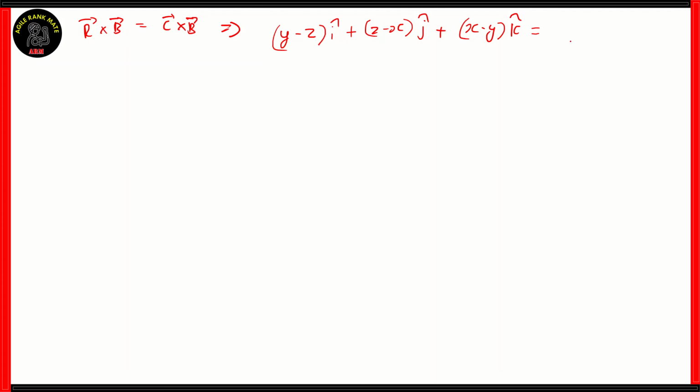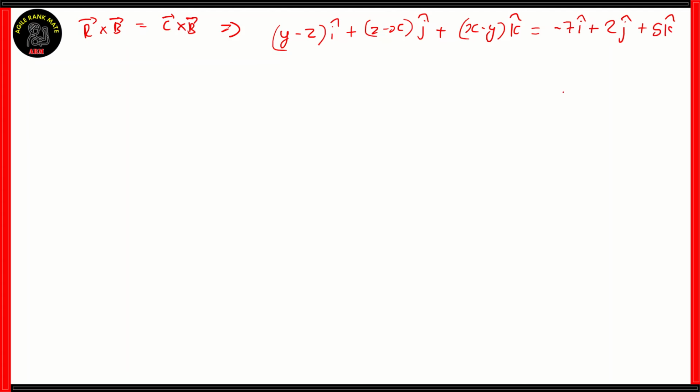Now since we know that R cross B is equal to C cross B, we can write down the two cross products together. So y minus z i cap plus z minus x j cap plus x minus y k cap would be equal to minus 7i plus 2j plus 5k.